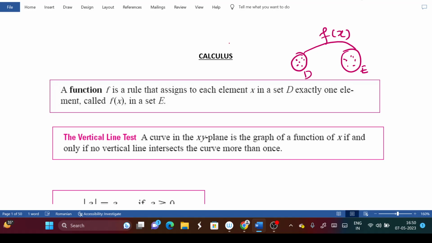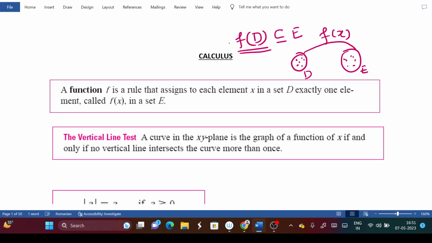Now, this set D is said to be the domain of f of x and E is said to be the codomain, and f of D, that means the set of all images of the points of D, is a subset of E, and this set is said to be the image of D under f.